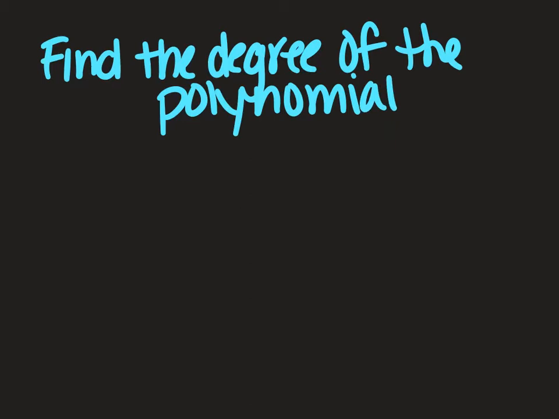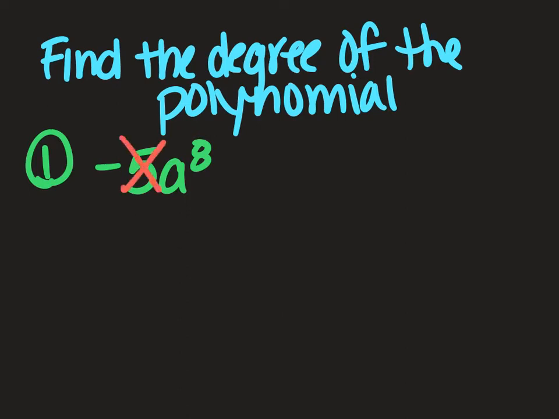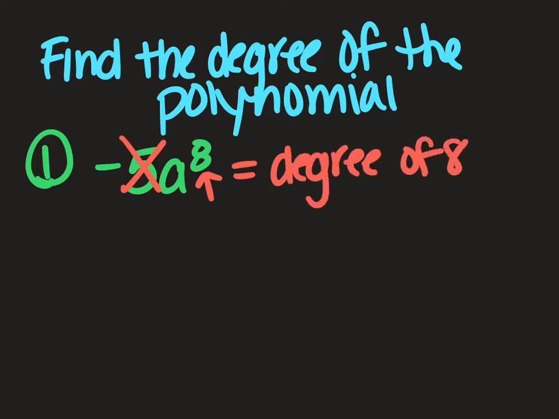So first example, we have negative 5a to the 8th. Now remember that we do not take into consideration the exponent of a coefficient. We only look at the exponent of the variable here. So this has a degree of 8.